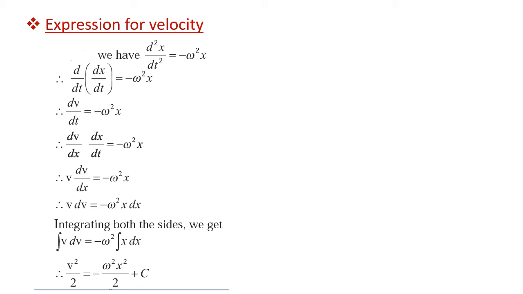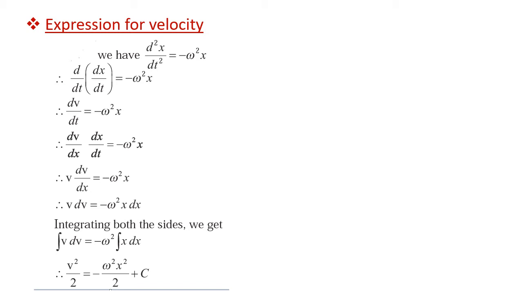Now we want to derive the expression for velocity of a particle performing simple harmonic motion. To find the equation for velocity, we will integrate the above equation on both sides. So the integration of v dv is equal to the integration of minus omega square x into dx. Here omega square is a constant, so it will come out of the integration sign.